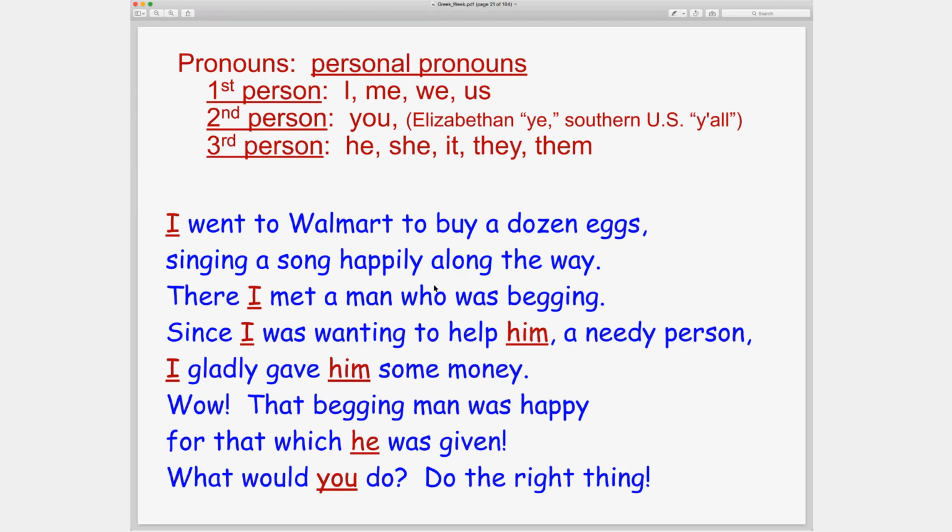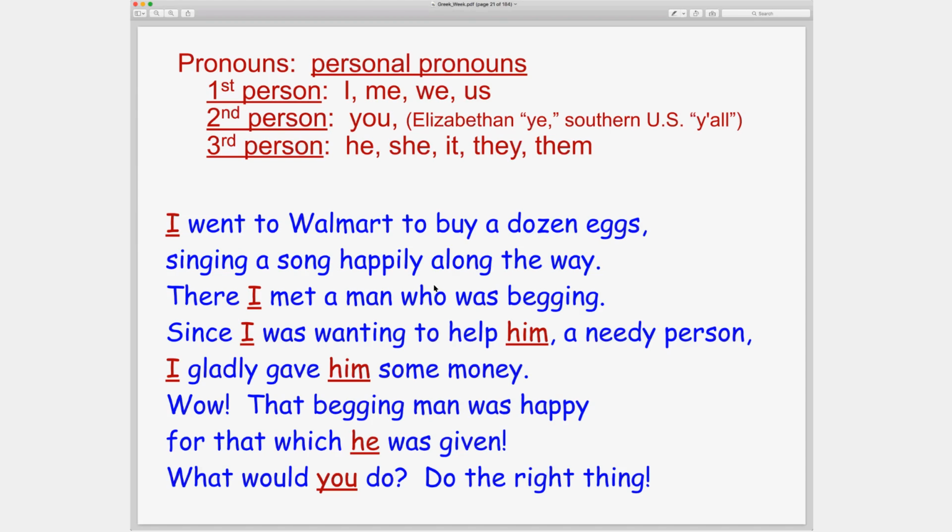I wouldn't say me went to Walmart, I would say I went to Walmart. But if I said you went to, I wouldn't say you went to I, I would say you went to me. We is subjective, us is objective in the plural. So the first person can be subjective or objective, singular or plural.